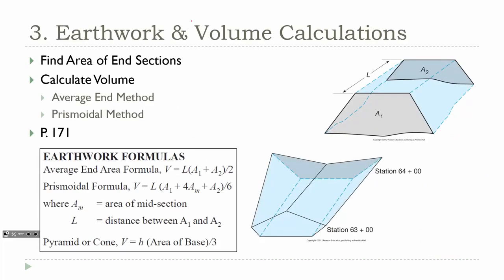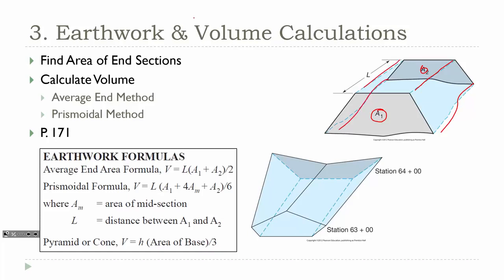All right, now that we butchered that problem, let's move on to earthwork and volume calculations. Again, the area calculation is typically if you're trying to calculate the area of each of the cross sections, and then you use the earthwork formulas to figure out the volume in between.